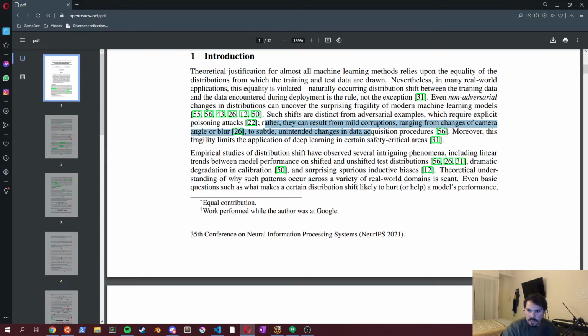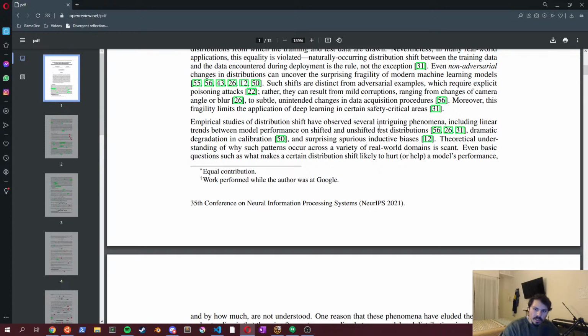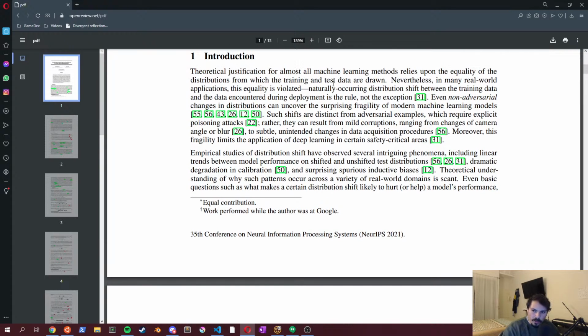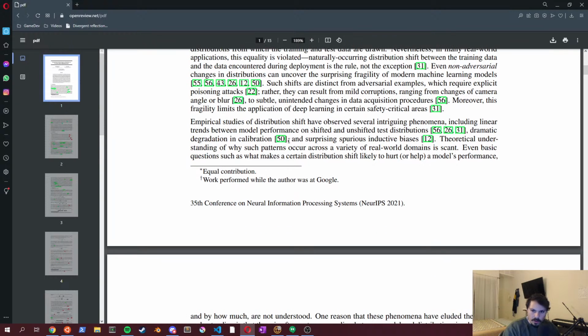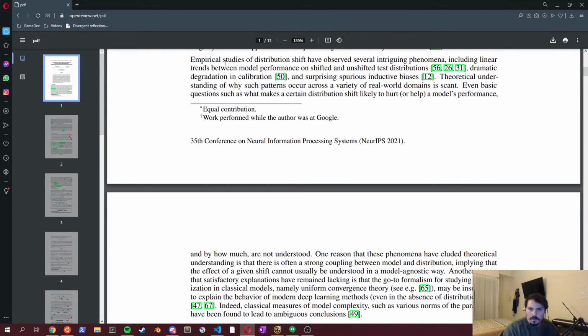But regardless, this happens a lot in machine learning models: small changes in the input data that a human wouldn't even notice, and the computer goes crazy when you give it those examples.